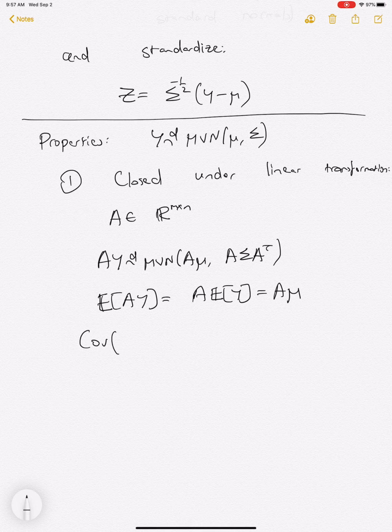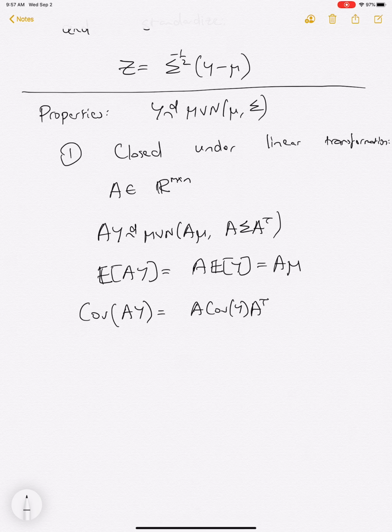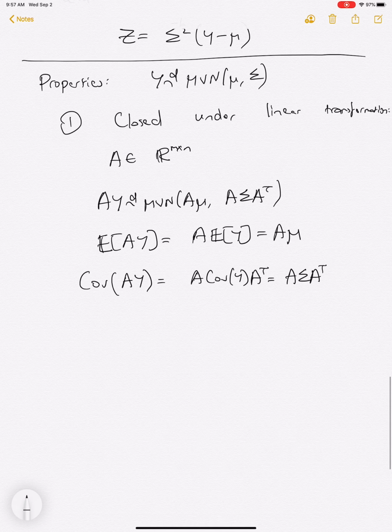And then the covariance matrix for AY should be A times the covariance of Y times A transpose, again because covariance is a bilinear operator. To be clear, this is the covariance matrix, and so this is just going to be A sigma A transpose. This is one really useful and unique property of the multivariate normal: it's closed under linear transformations.